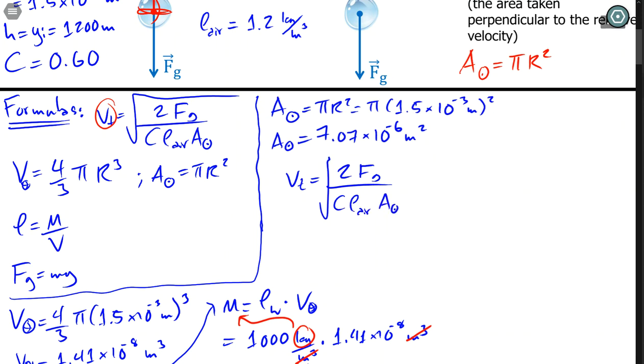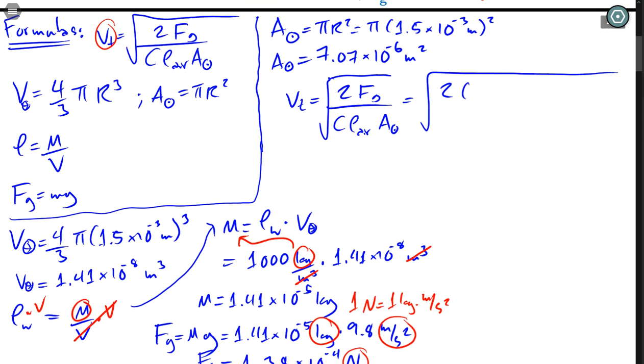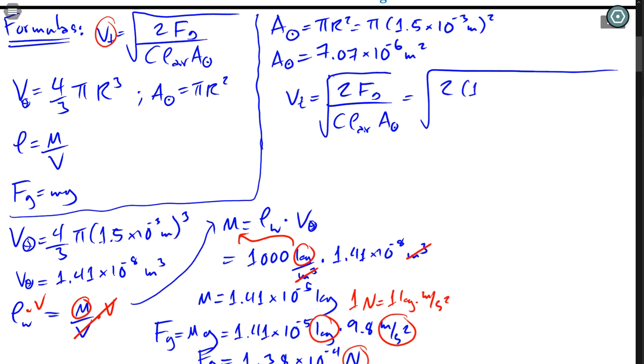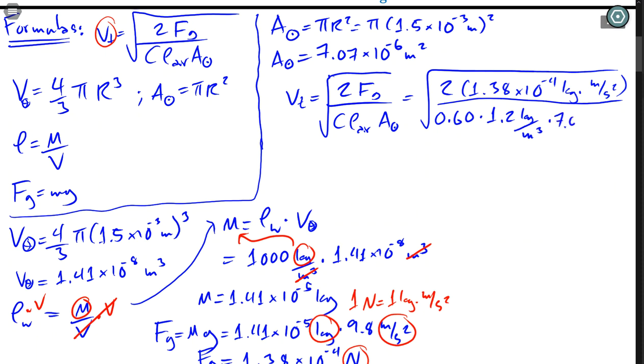Okay, and just plugging and chugging, I'm going to actually write down the entire units for newtons in this case: kilograms meters per second squared, which is newtons. The drag coefficient does not have any units, times the density does have units, and the area is right above.